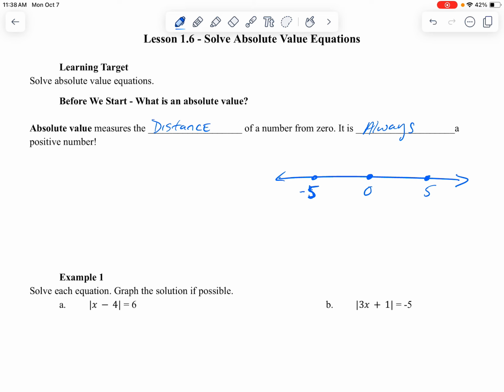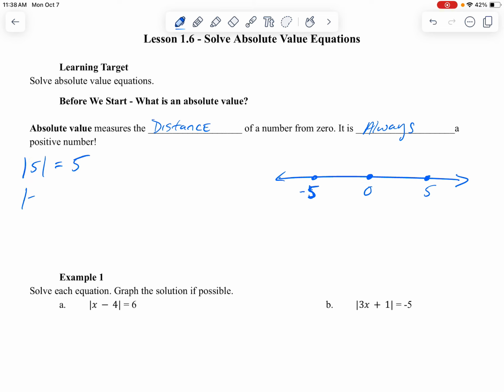So similarly, if I think about the absolute value of 5, and this is how we note that with these vertical bars on either side of the number, that means the absolute value of whatever's inside. So the absolute value of 5 is just 5.